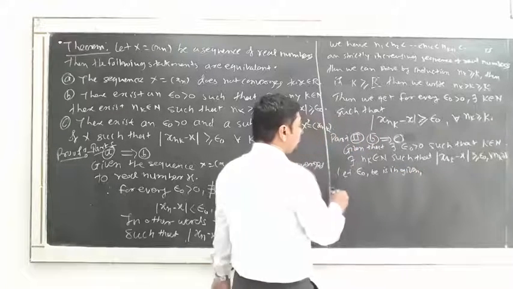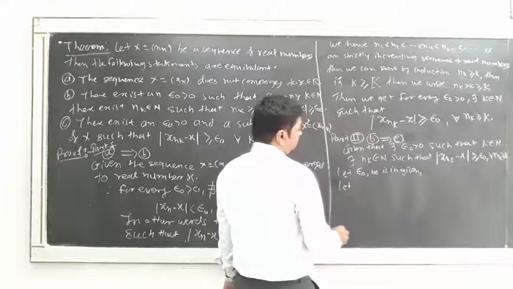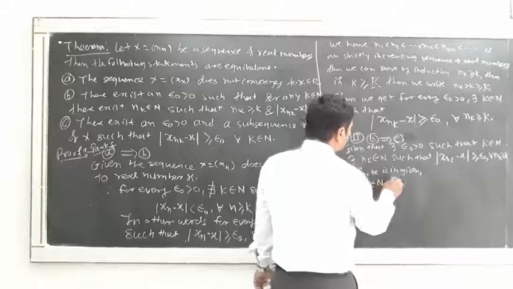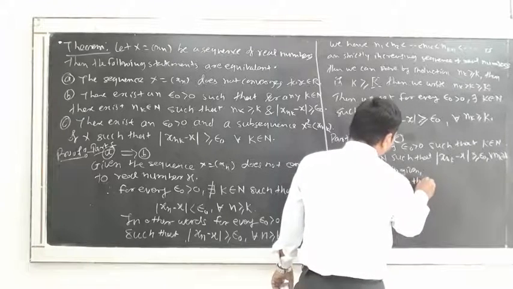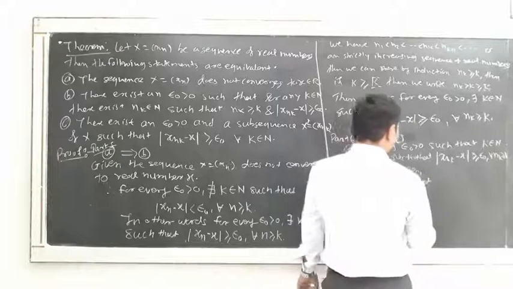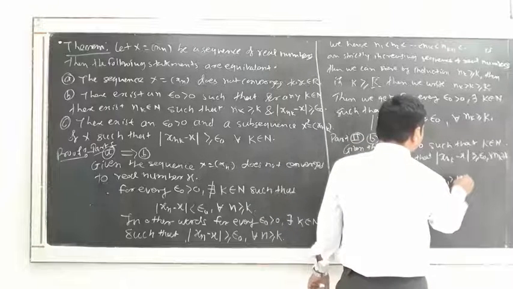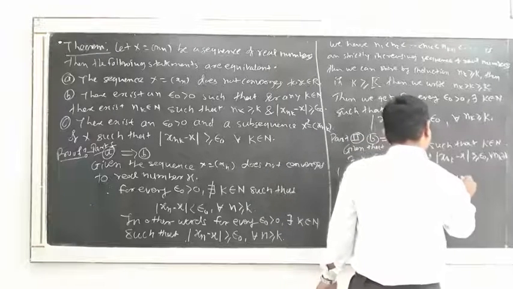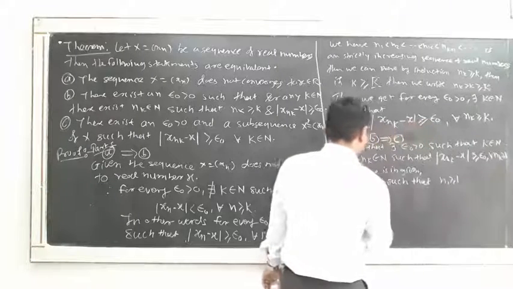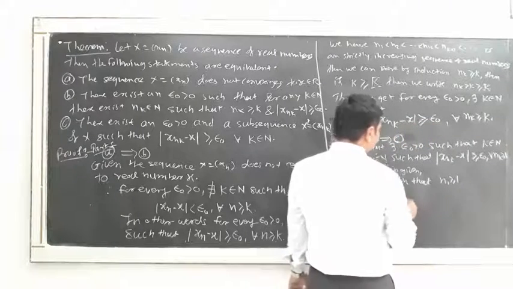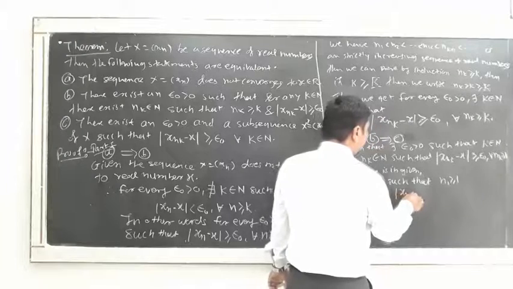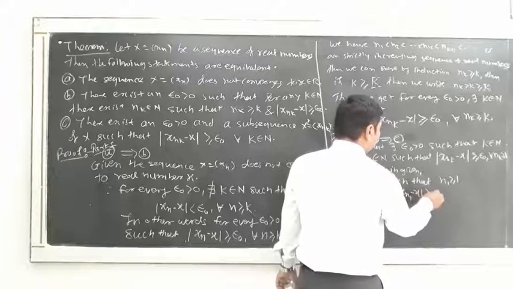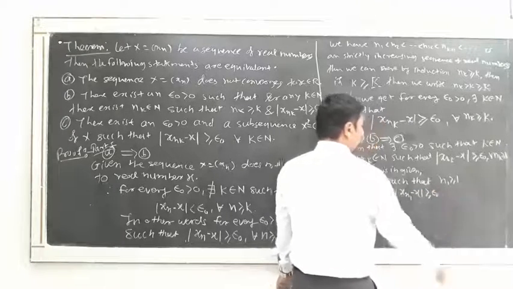Now what can we write? Let n1 belong to the natural numbers such that n1 is greater than or equal to 1, and mod of xn1 minus x is greater than or equal to epsilon 0.